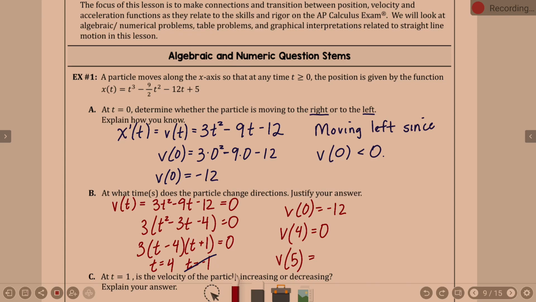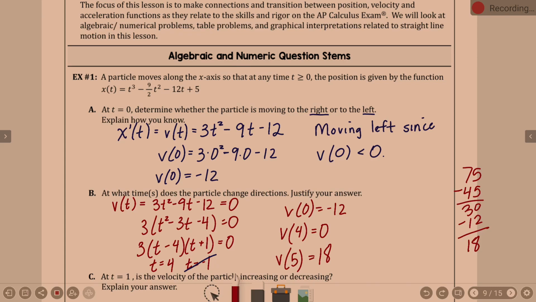So if you plug in 5, it becomes 75 minus 45 minus 12, which is 18, which is positive. Now can we justify that the particle changes directions? Yes, because it changes sign.